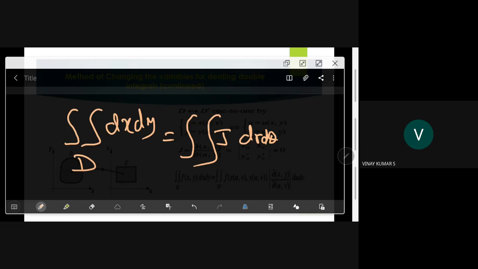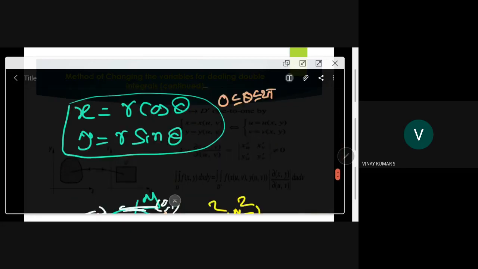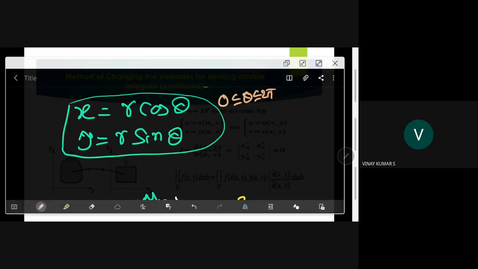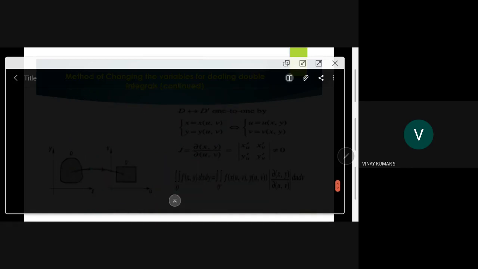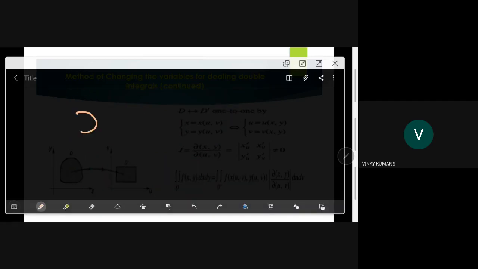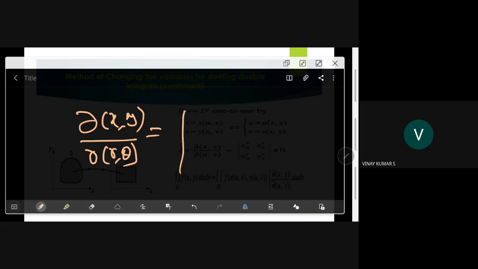dx dy is the Jacobian into dr d theta. From where can I get this Jacobian? This Jacobian I can get from this transformation, x, y in terms of r, theta. When we were talking about Jacobians in the previous class, we have dou (x, y) by dou (r, theta). So we have x_r, x_theta, like that.